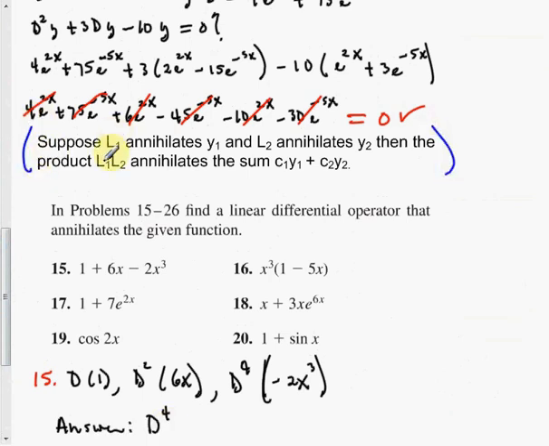For number 17, the first operator would be d. It will annihilate the 1, and then d minus 2 will annihilate the 7 e to the 2x. Then the product, d times d minus 2, annihilates the sum of 1 plus 7 times e to the 2x.